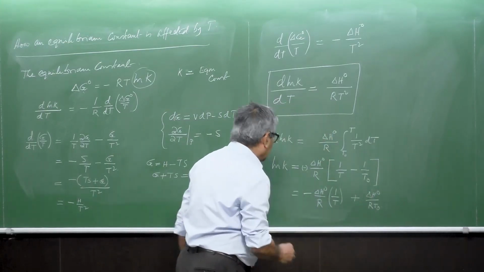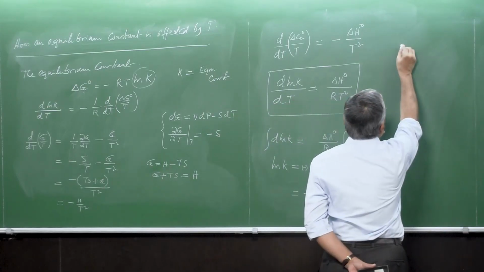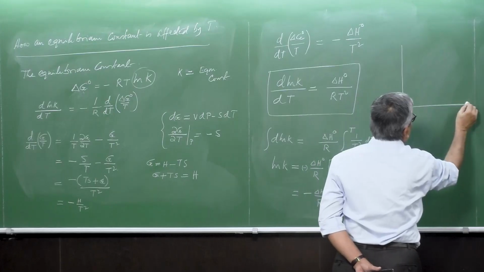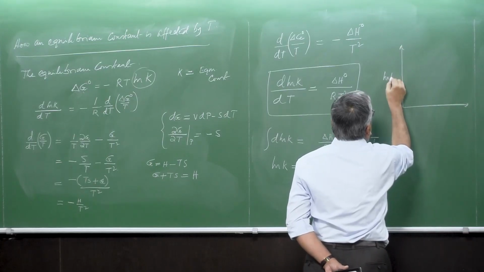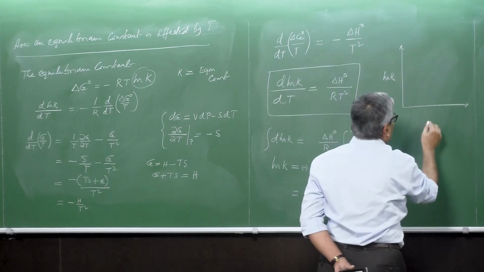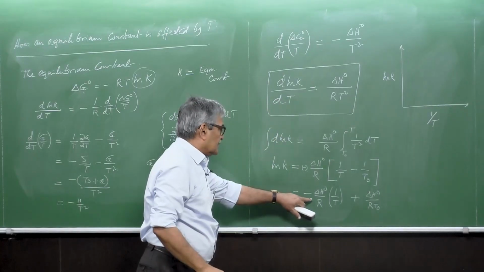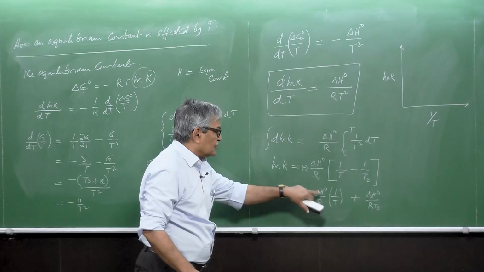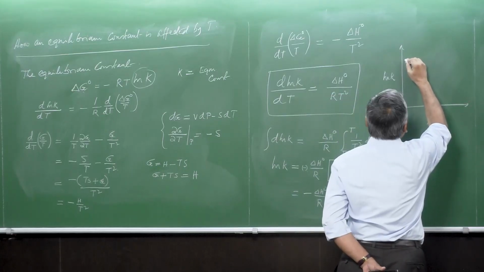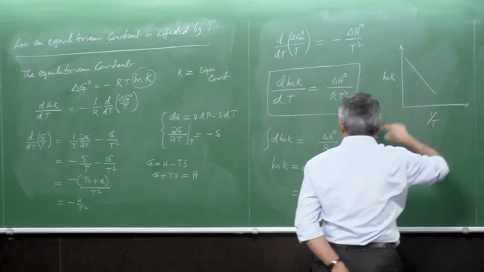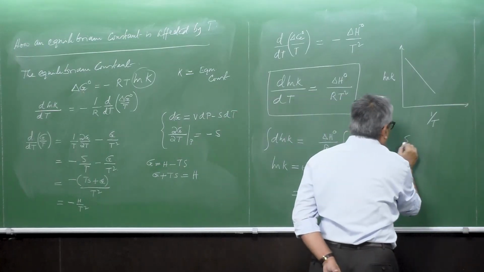If you write it as a y equal to mx plus c type of plot, so if I plot ln K as a function of 1 by T, then I see that there is a slope of minus delta H0 by R, and the slope determines my delta H0.